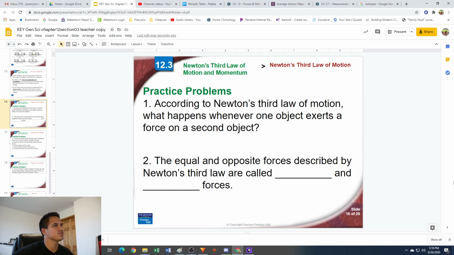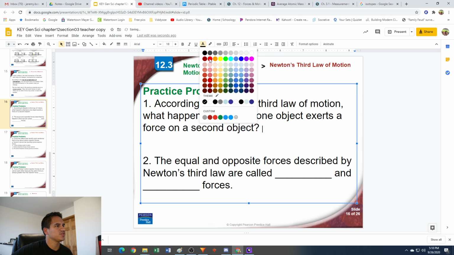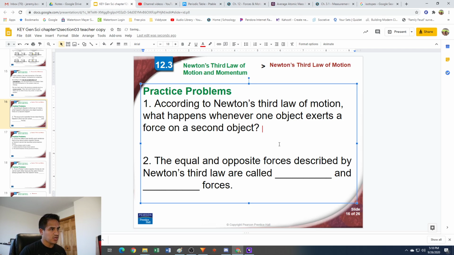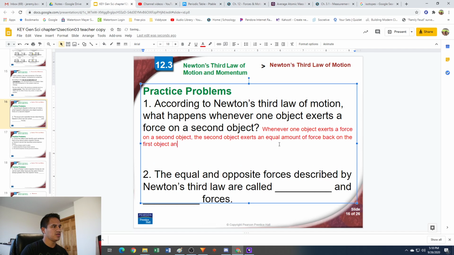It says, according to Newton's third law of motion, what happens whenever one object exerts a force on a second object? All right, so Newton's third law is all about action-reaction forces. Basically, Newton's third law says whenever one object exerts a force on a second object, the second object exerts an equal amount of force back on the first object and in the opposite direction.